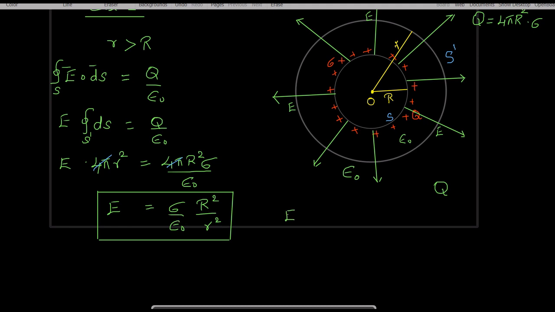Vectorially we represent E equal to sigma by epsilon naught, capital R square by small r square, into unit vector n, where unit vector n represents the direction of electric field.